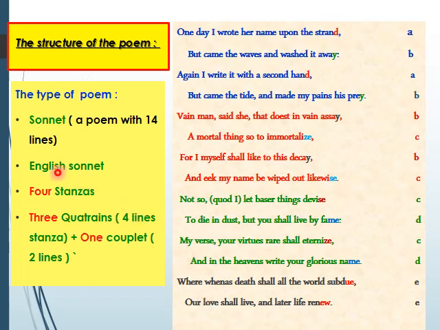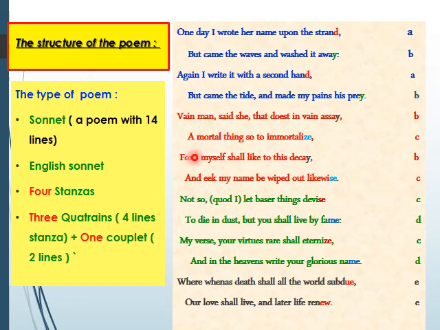And what type of sonnet? As we mentioned before, we have two types of sonnets, the Italian sonnet and the English sonnet. It is an English sonnet. Why? Because it consists of 4 stanzas: 3 quatrains, 4 lines each, and 1 couplet.